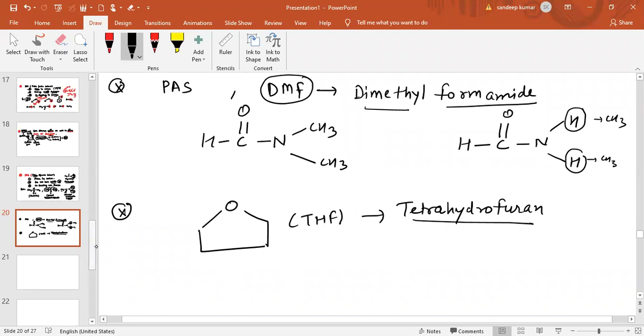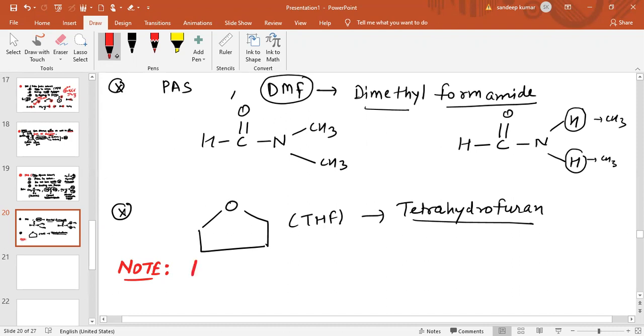And the most important thing you should note is, as we have seen, a polar protic solvent dissolves both parts of the reagent, the cationic part as well as the anionic part.